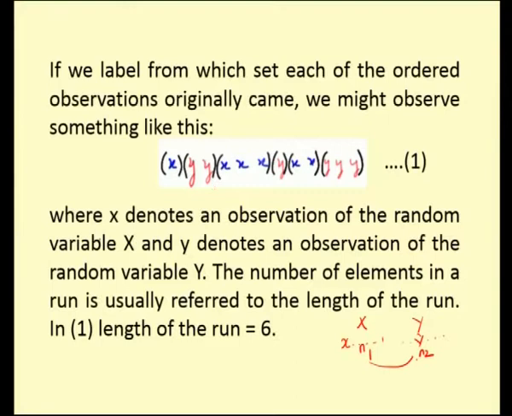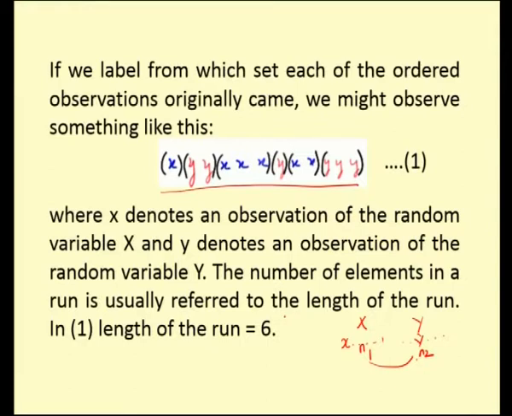Here I have shown one particular model, where x denotes an observation of the random variable x and y denotes an observation of the random variable y. The number of elements in a run is usually referred to as the length of the run. In one, the length of the run is 6.